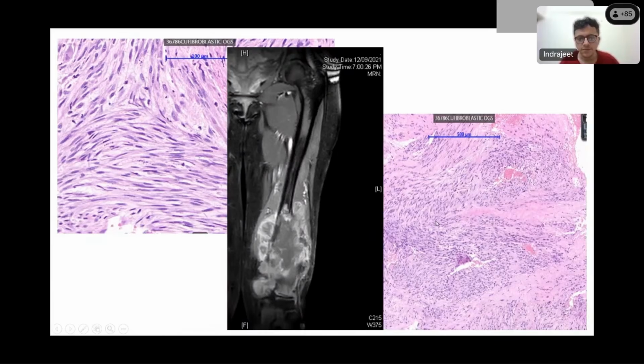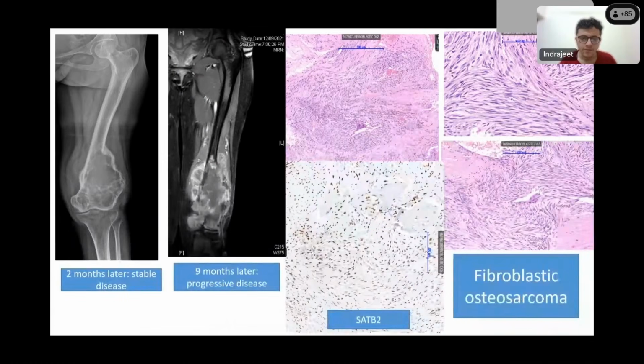Still, our problem remains that we are not seeing any matrix, not seeing any conventional osteoblastic morphology, and there comes the utility of SATB2. You do the SATB2, you know the radiology, and then you know that this is a fibroblastic osteosarcoma. It has no resemblance to high-grade conventional osteosarcoma, and that is the problem.